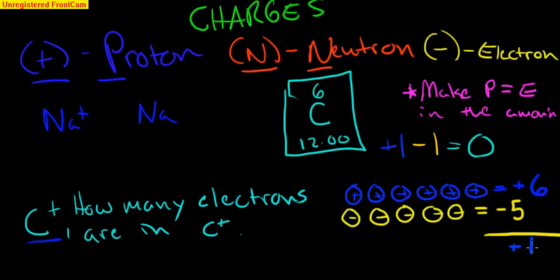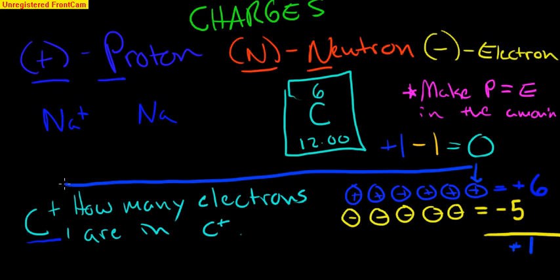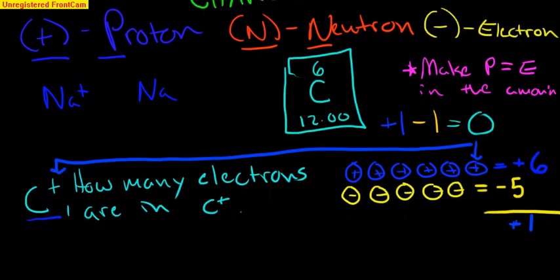So we're going to have a positive, and that positive proton that's left corresponds directly to that charge. So all that plus is saying there is how many electrons you have or how many electrons you lost.